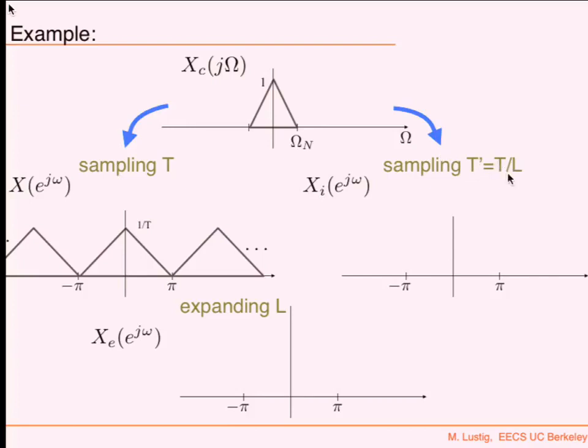How would my spectrum look? Yeah, compressed, right? If I sample at T over L, the triangle would compress and occupy only 1 over L of the 2 pi range.